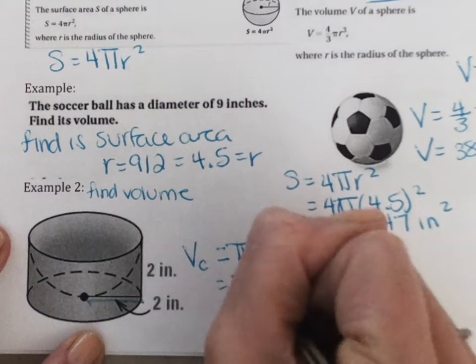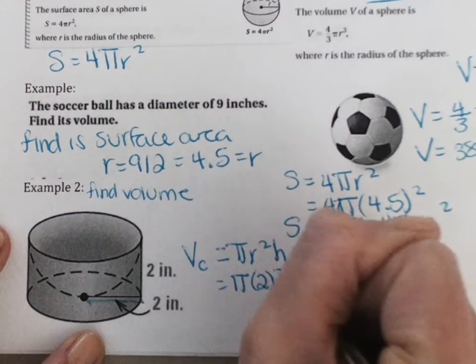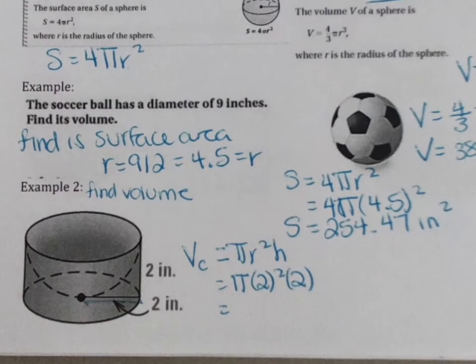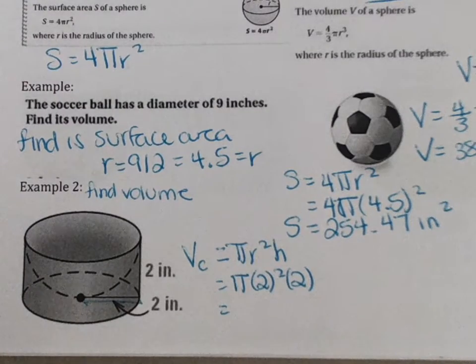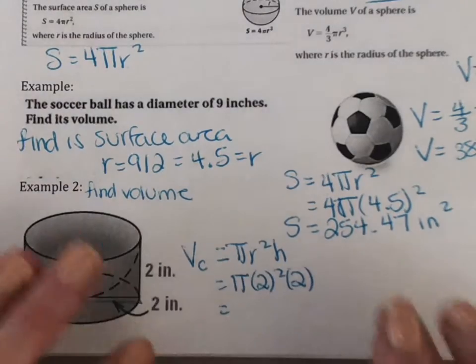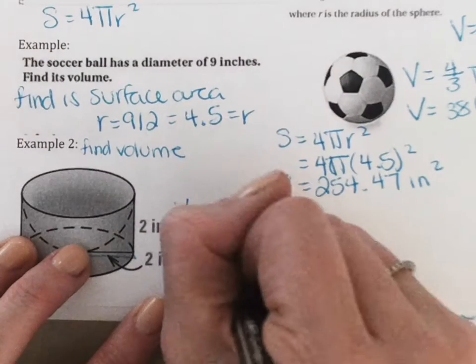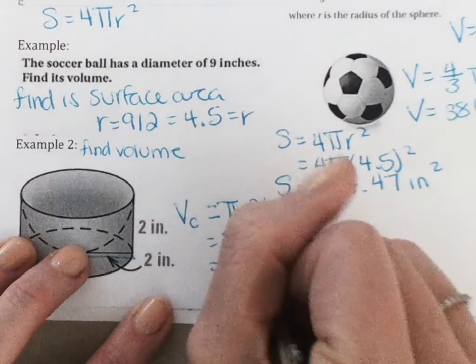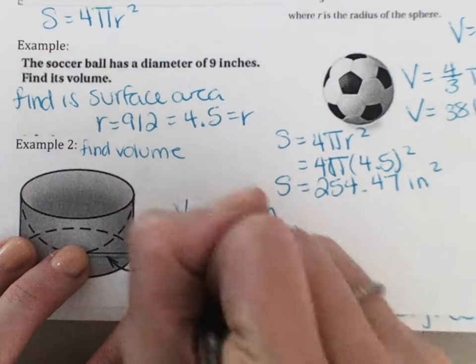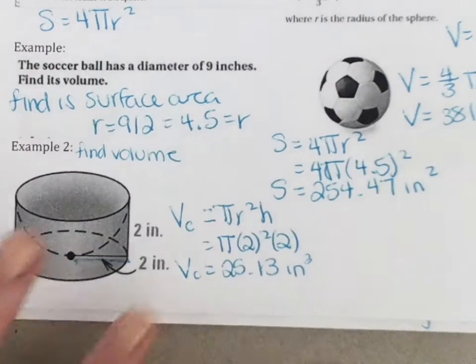So I've got pi times 2 squared times 2. That gives me pi times 4 times 2, which gives me 25.13 inches cubed.